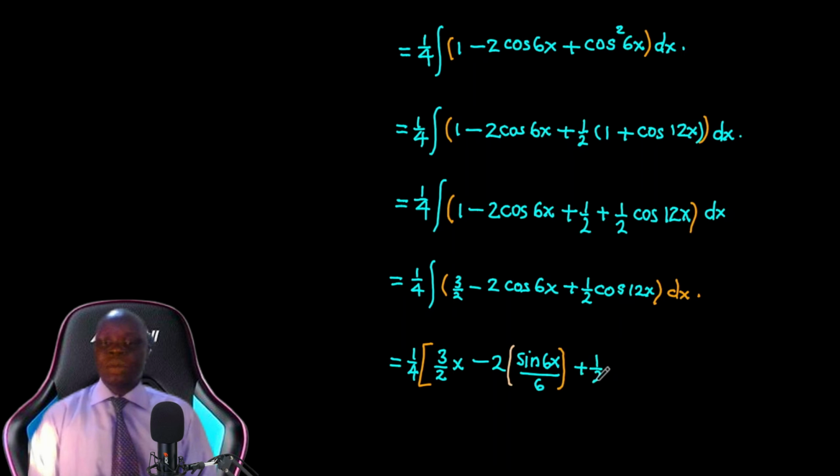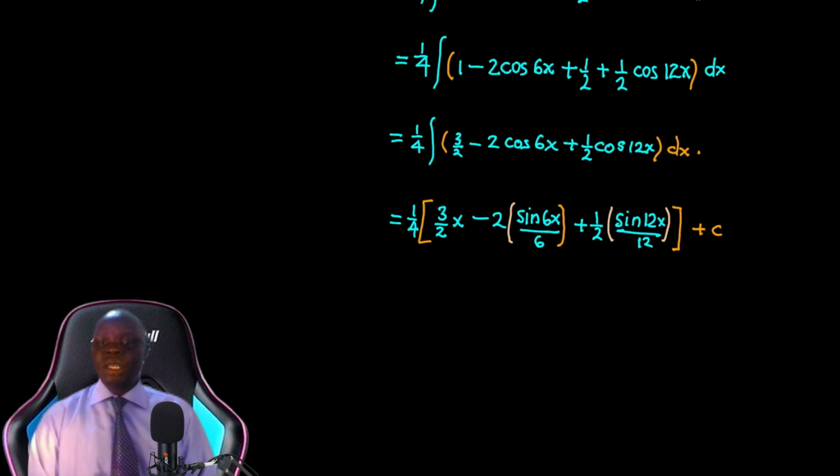We can also maintain our 1/2 and continue with this bracket here, where we have to integrate cosine 12x. That becomes sine 12x over 12. Then let's close these two brackets. The first one is for this term, and the last one is our square bracket, which will be used for opening up our coefficient here, 1/4.